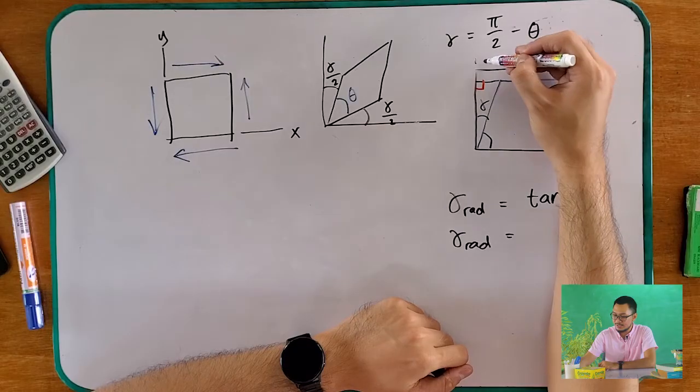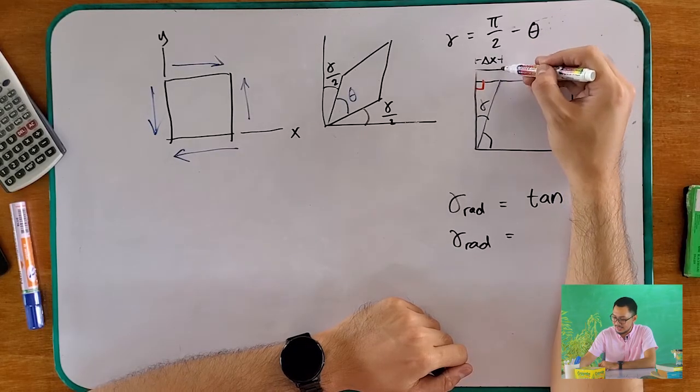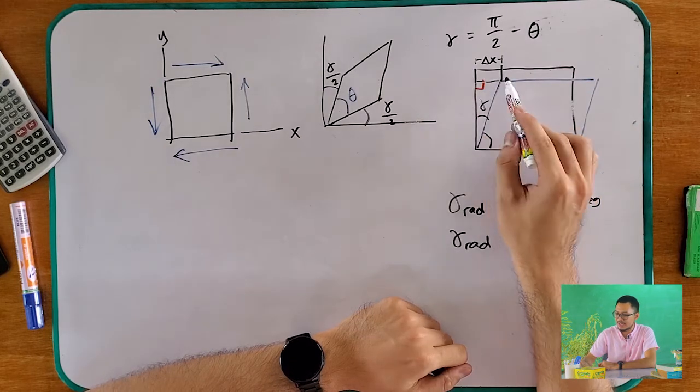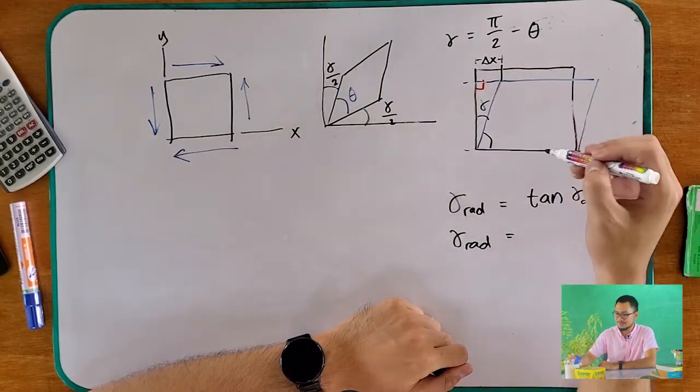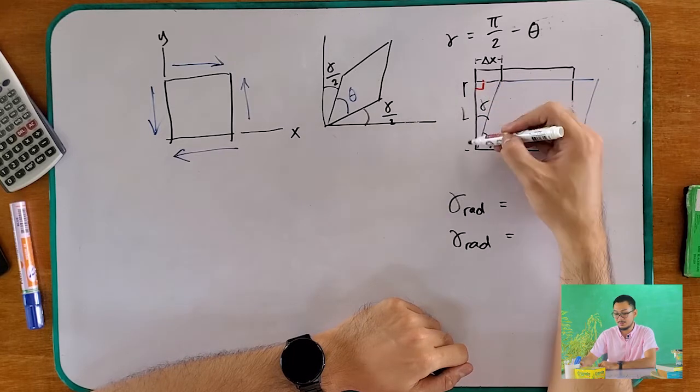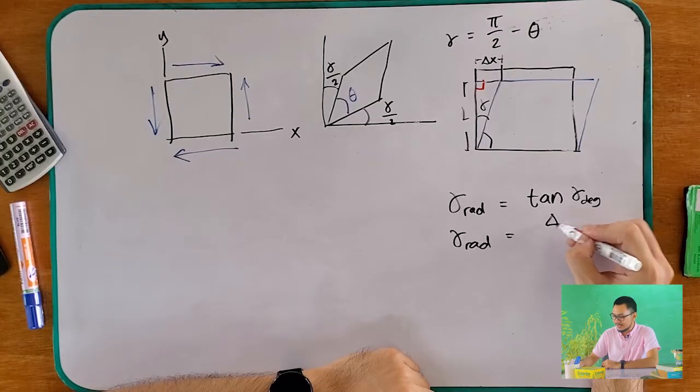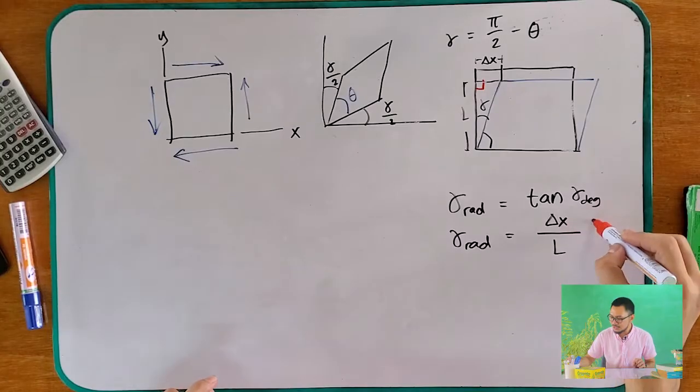To get your gamma in radians, all you have to do is use tan gamma, which is opposite over adjacent. Let's say this is your delta x, the change, and this is your L. So therefore, tan gamma is opposite over adjacent, or delta x over L. With this equation, you can immediately determine your gamma in radians by using this opposite over adjacent principle.